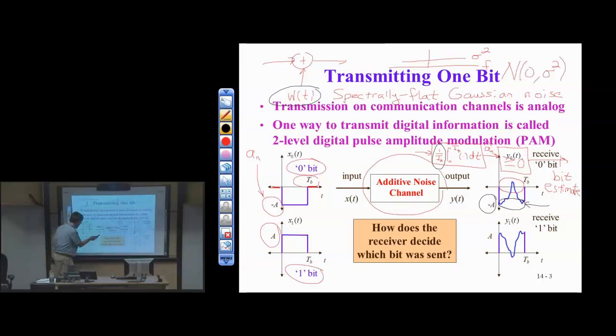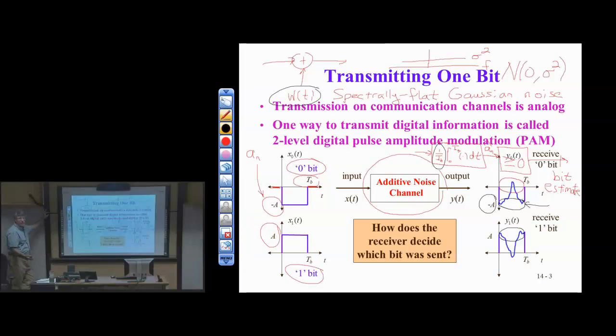If I send a bit of value 1, I send a pulse of capital A amplitude, and I see something very similar on the receive side. I see capital A plus this additive noise over the symbol period. Again, averaging this out gives us a good estimate of the symbol amplitude, in this case capital A, but all we really need to do is compare against 0.